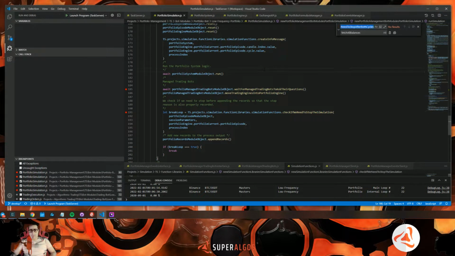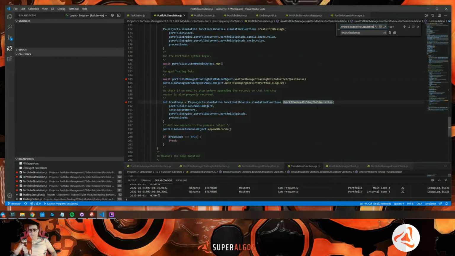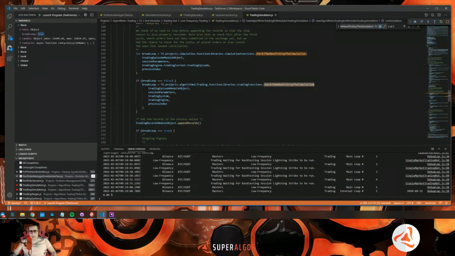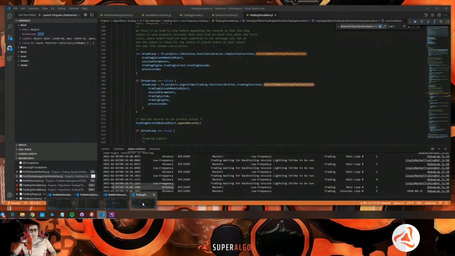Portfolio. Okay, now I get it, but I want to know exactly what's the difference between these two things.